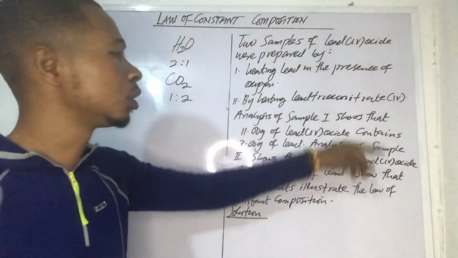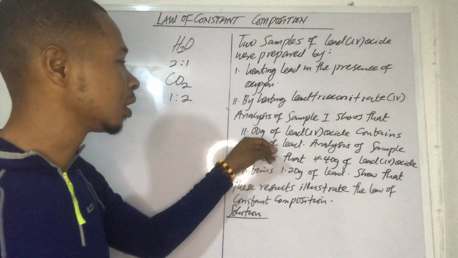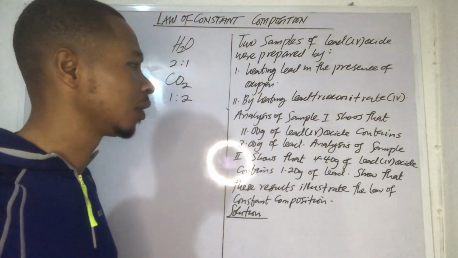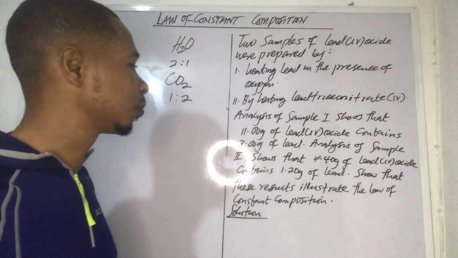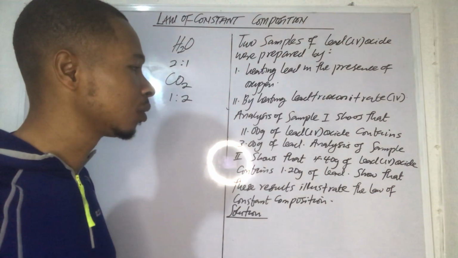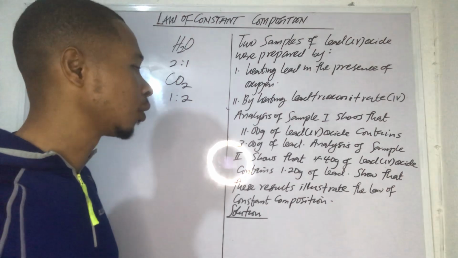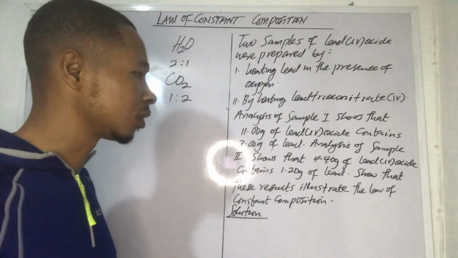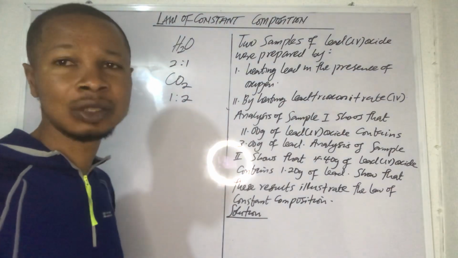Analysis of sample 1 shows that 11.00 gram of lead(IV) oxide contains 3.00 gram of lead. Analysis of sample 2 shows that 4.4 gram of lead(IV) oxide contains 1.20 gram of lead. Show that this result illustrates the law of constant composition.